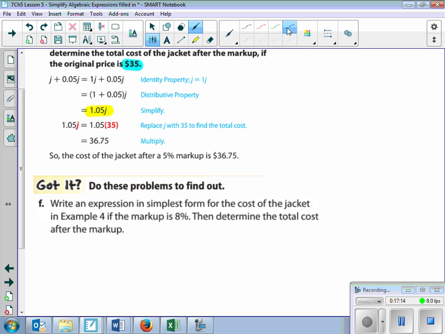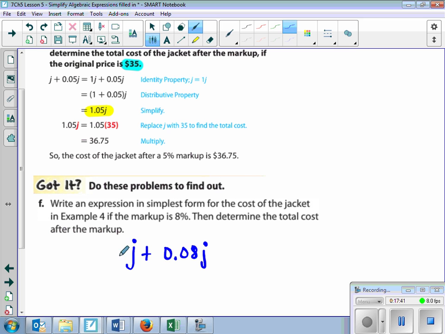So we'll say again that J is the cost of the jacket. The markup is 8%. So 8% of J, right? So that's going to be 0.08 times J. Is everybody with me?